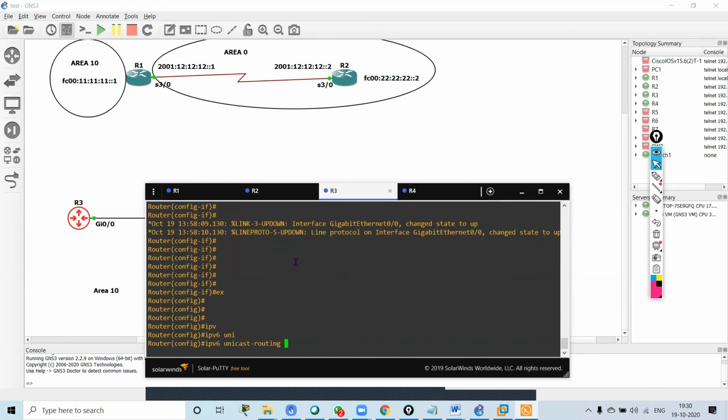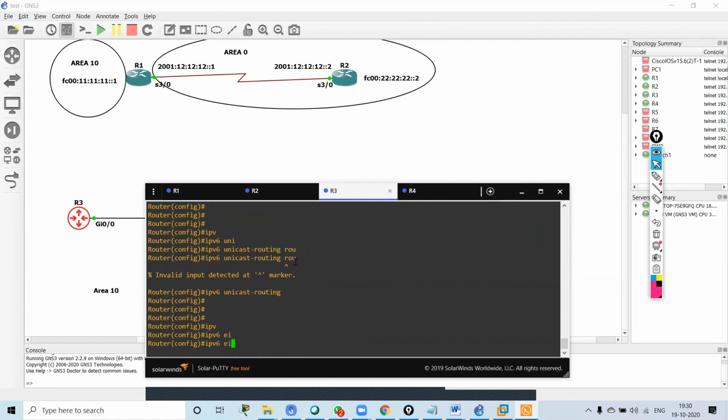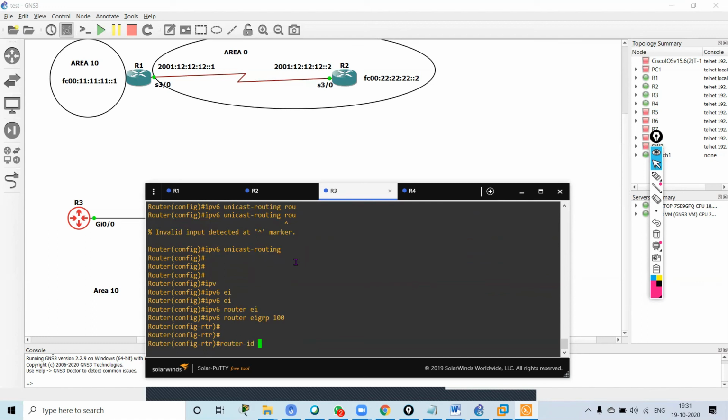IPv6 unicast routing, IPv6 router EIGRP 100, router ID 22.2.2.2, no shut.